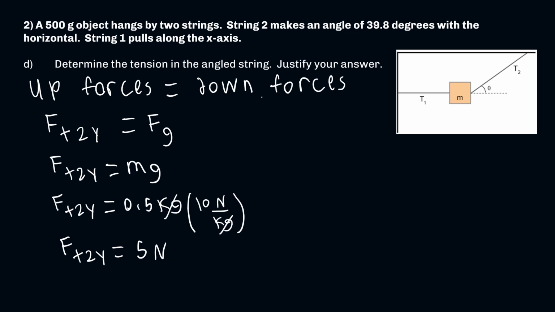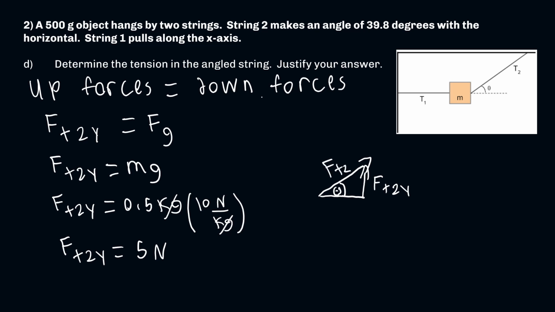So you're wondering why I did that. Right now, if I look at this again, it's essentially a triangle. I'm trying to find the hypotenuse here. What I just found is this side of the triangle. That's Ft2y. I have the angle. I'm trying to find my hypotenuse, which is just Ft2.